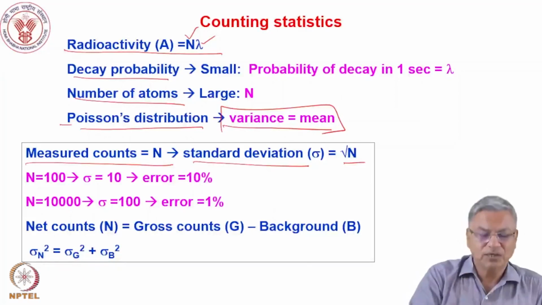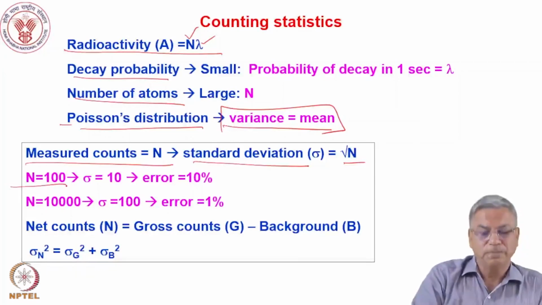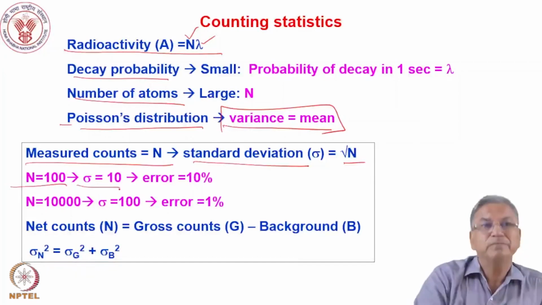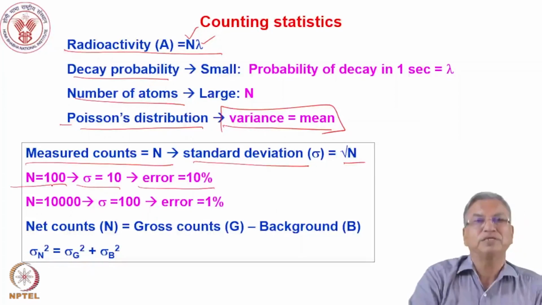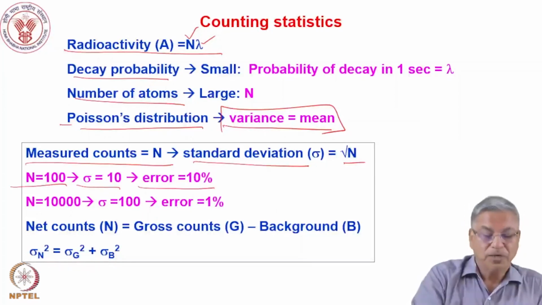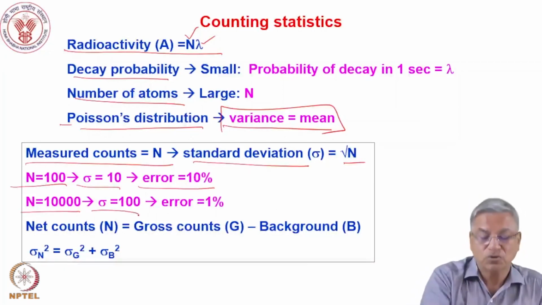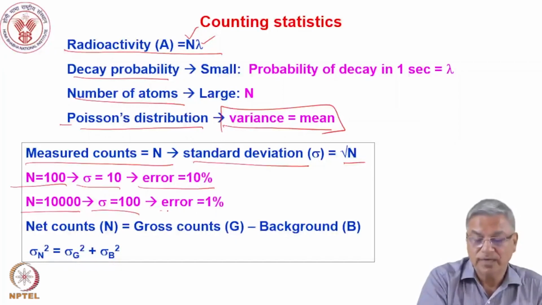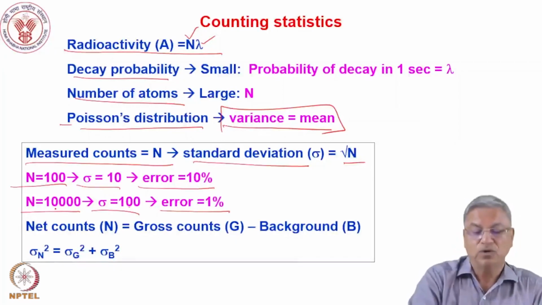Let us take an example. Suppose you get 100 counts in a detector system, then sigma equals 10. So the error will be 10 by 100 into 100, 10%. But if you count for 10,000 counts, sigma is equal to 100, and the error on that will be 1%. 100 upon 10,000 into 100, 1%.